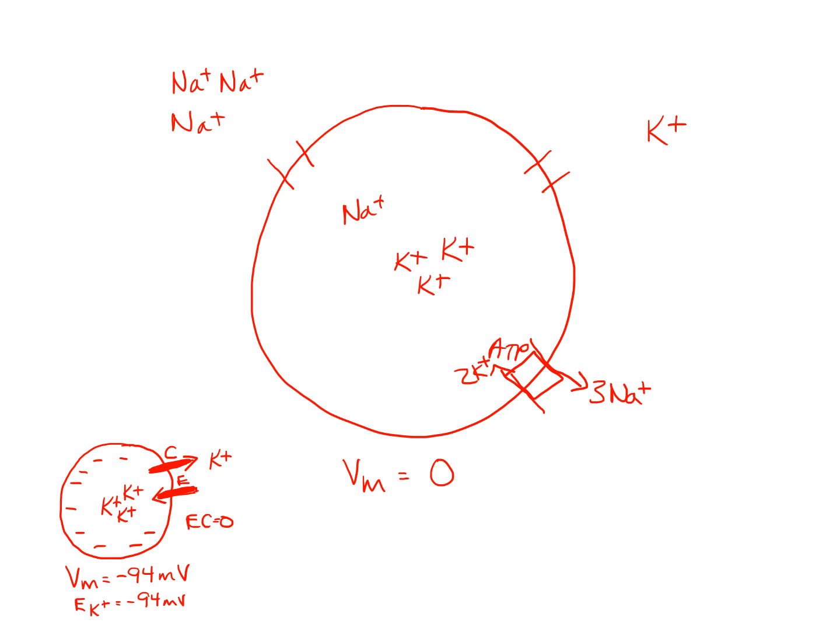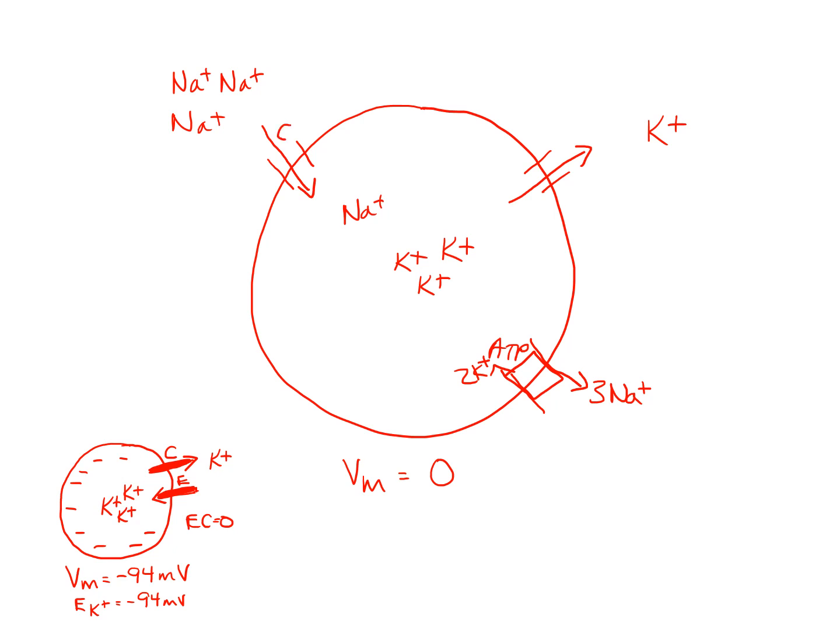All right, so with the leak channels, sodium is going to want to move down its concentration gradient, going from high to low concentration. So sodium wants to move into the cell. And then potassium wants to move the opposite way because it wants to go down its concentration gradient, going from high to low concentration.